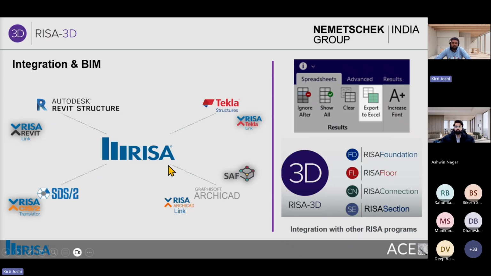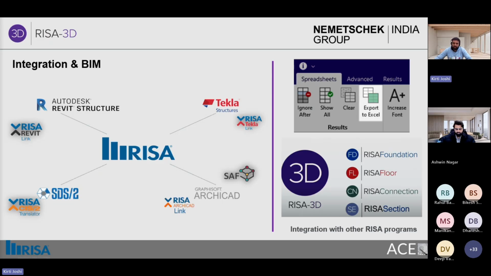For example, an engineer can work with the architect by transferring models from Autodesk Revit using the RISA Revit integration. And on the right hand side, you can see RISA 3D can interact with other RISA programs like RISA Connection, RISAFlow, and RISAFoundation.